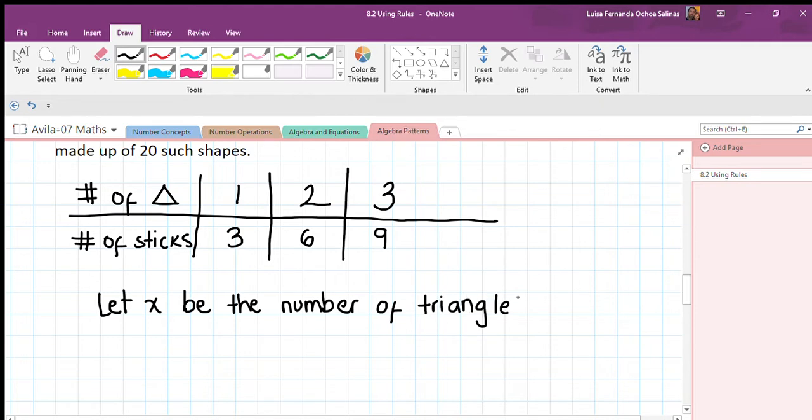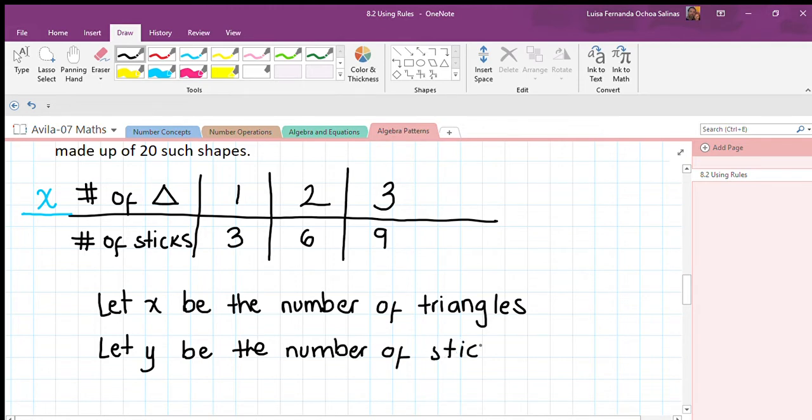So basically, if I extend, I'm calling this one x. Okay, and I'm going to define another variable that I'm going to call in this case y. Let y be the number of sticks. And we can see what is the relationship.